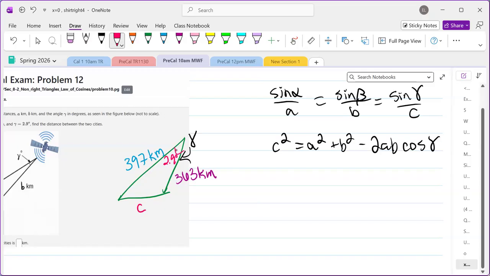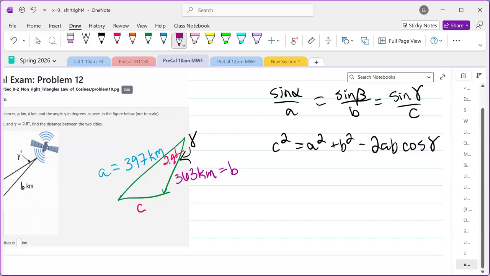So if I've called that angle I'm given gamma, C has to be this opposite side. Now I got to fill in A and B. Now it doesn't matter which one I call A and B, the two sides are interchangeable at this point. So I usually just call the one on the left A and the one on the right B, but it truly doesn't matter.